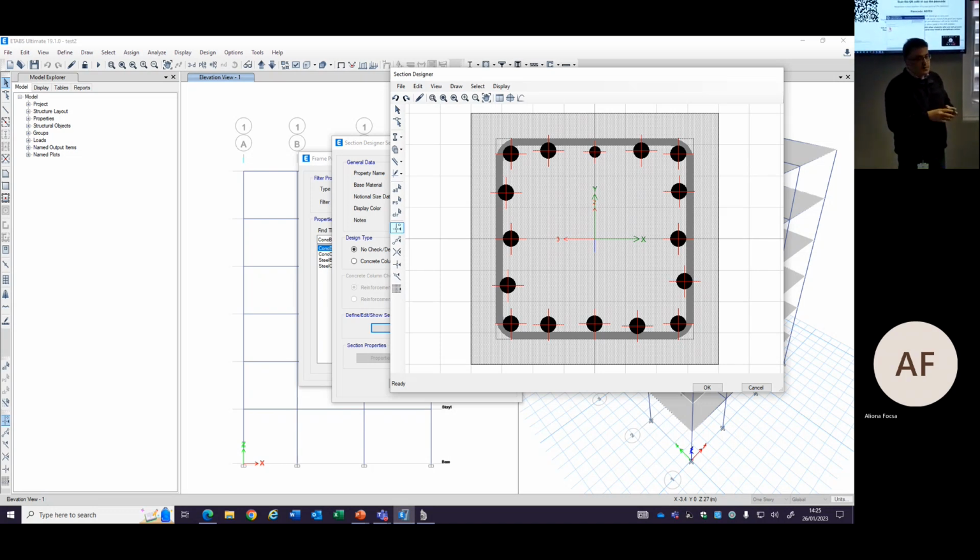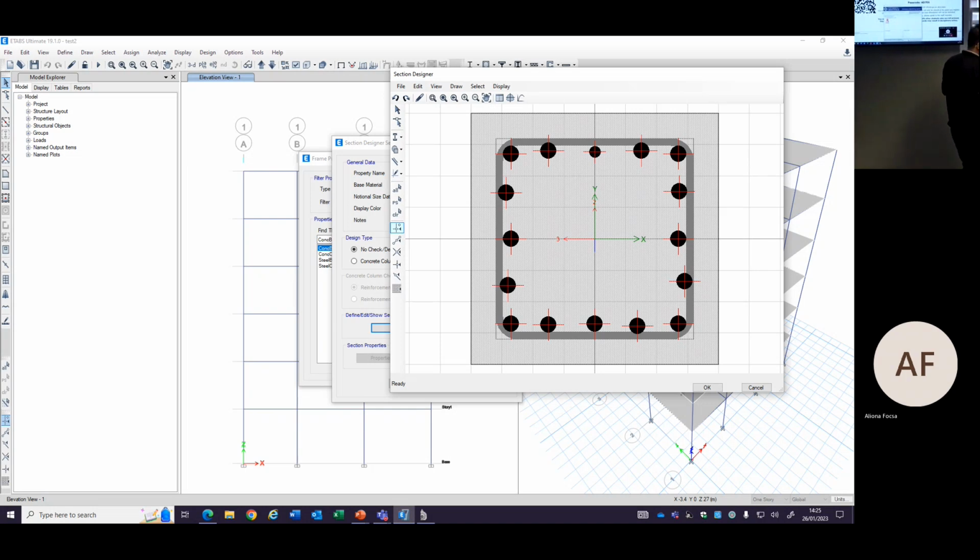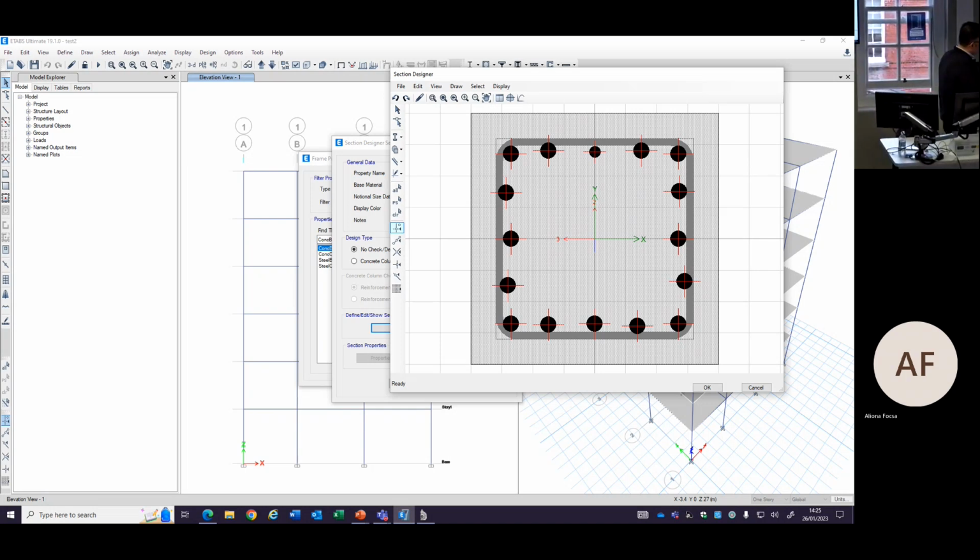So it's very difficult to fill it with concrete if you have too much dense reinforcement in your section, right?